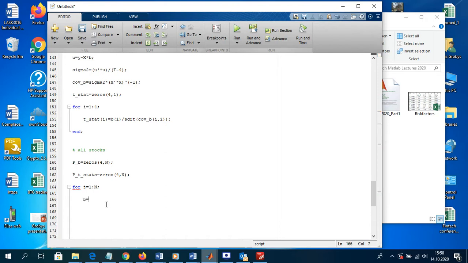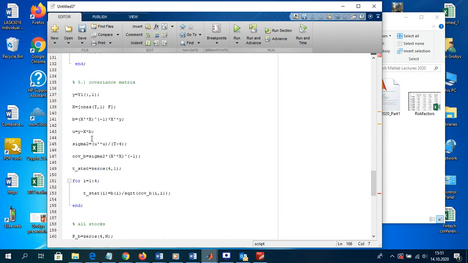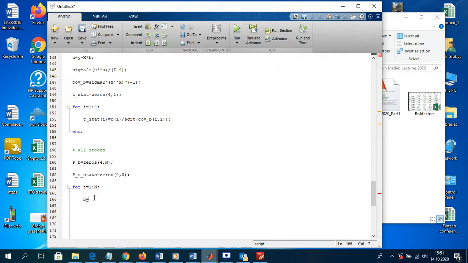What do we do? Beta is equal to what? First, we have to do the point estimator, so we can copy it from the code before. This obviously does not change much here. So that's our OLS regression, and obviously the regressor matrix is the same for all stocks, right?